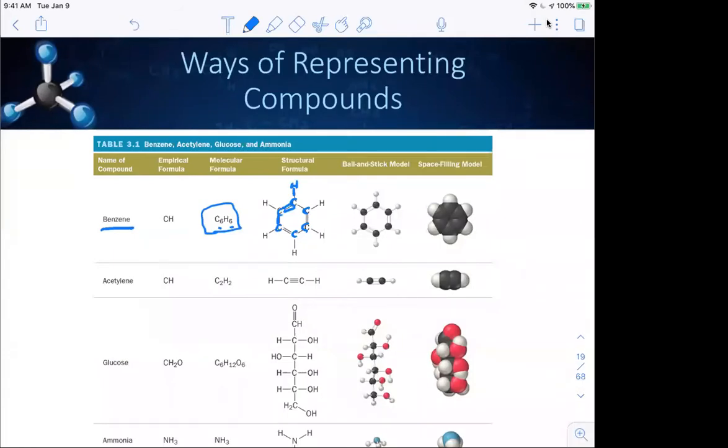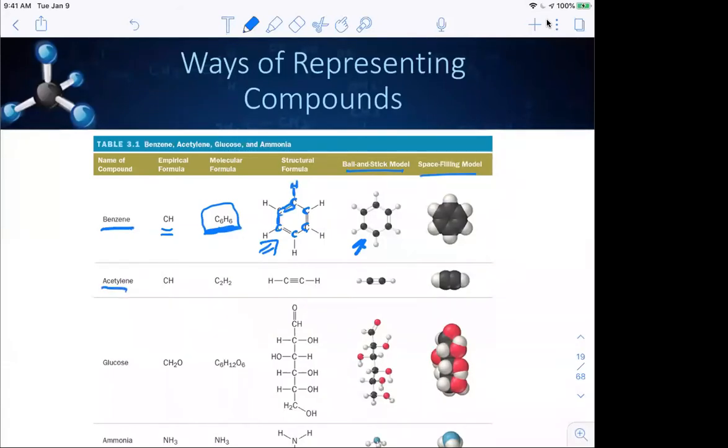So my empirical formula just says in this molecule, I have 1 carbon to 1 hydrogen. That's my ratio. In actuality, the molecule is these six carbons bonded to each other and to hydrogen, and it looks like this structurally. And then I have the molecular model and the space filling model. If you want to build a model of this, it's going to look like that.